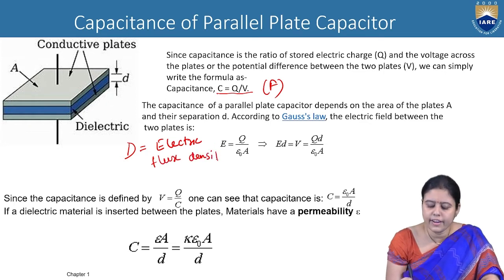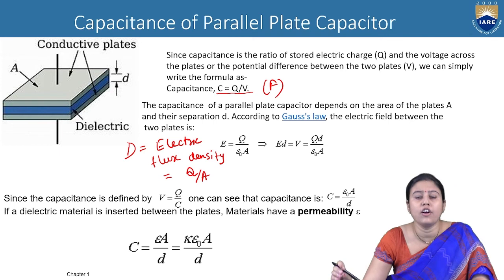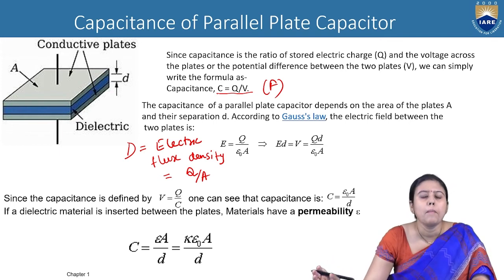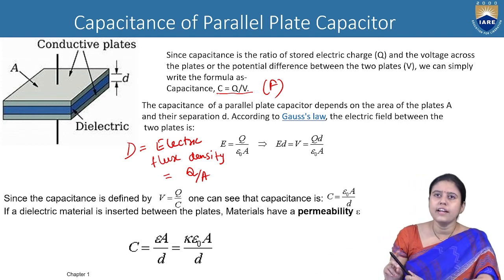So we know the electric flux density D, and what is the definition? Q by A. Electric flux density means charge per unit cross-sectional area or unit surface area. Flux per unit surface area is known as the electric flux density. So this is the D.